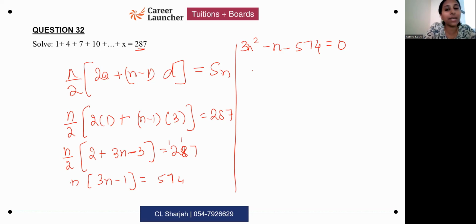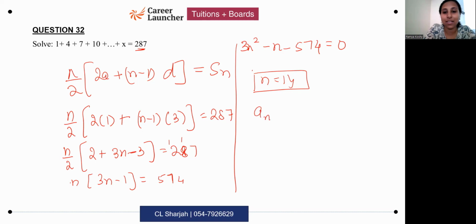Okay. Those who are able to find the numbers by splitting the middle term, good. But if it's taking too much time for you to get those by splitting the middle term, please use the quadratic formula. You will get two answers. Take the positive value. You get n is equal to 14. Okay. After you get the value of n, what are you supposed to do?